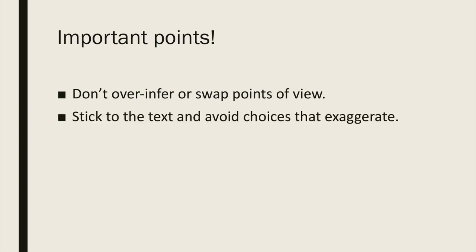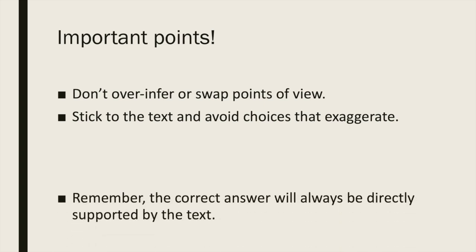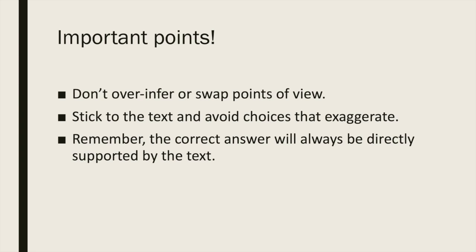So yeah, this relates to the next point, which is stick to the text and avoid choices that exaggerate. So if something isn't mentioned in the text, it's probably not the correct answer. And yeah, remember that the correct answer is always going to be directly supported by the text, and you do not have to over-infer or assume anything to select it.